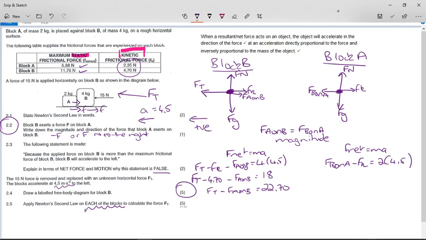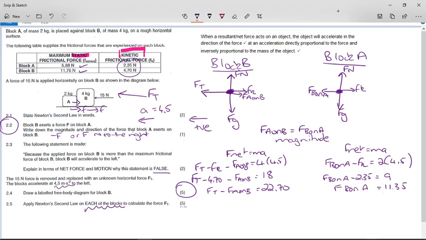Okay, so let's go back to block A and see what's going on with block A. We're not quite sure what FB on A is, but we know the force of kinetic friction for block A is going to be 2,35, and it's against motion, so we're subtracting it, equals 9. So this is going to be, by algebra, 11,35 equals the force of B on A. But we know that the magnitude of B on A is the same as the magnitude of A on B, because it's a force pair, an equal and opposite reaction.